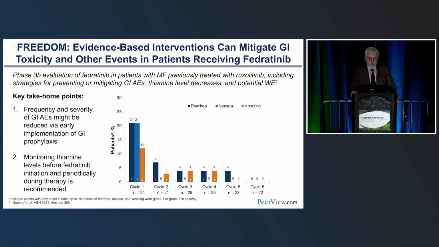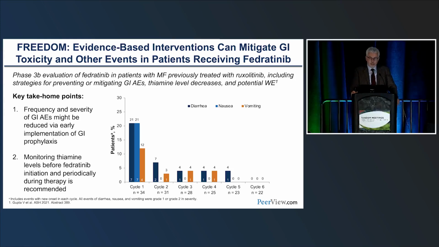So patients' symptoms and problems, as you can see in the bars, go down, and that does not interfere with the delivery of fedratinib. Regarding the anecdotal experience where we had Wernicke encephalopathy reported, which is central nervous system toxicity, possibly related to thiamine deficiency.